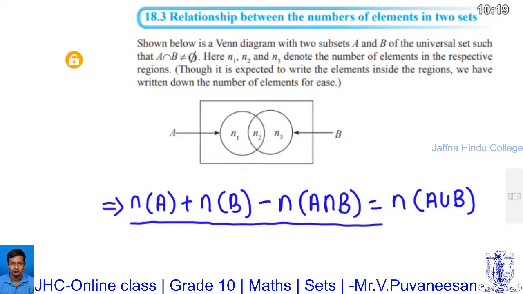If we don't know one of these, say number of A is unknown, we can substitute the other values and find the number of A. Like this we can find number of B, or number of A intersection B, or number of A union B, if the other three are known.